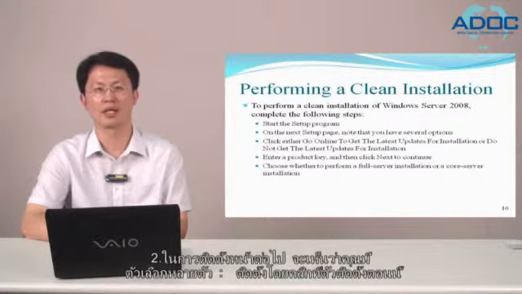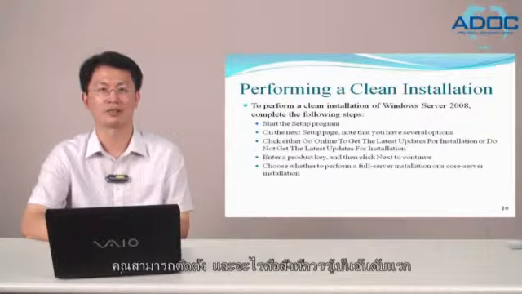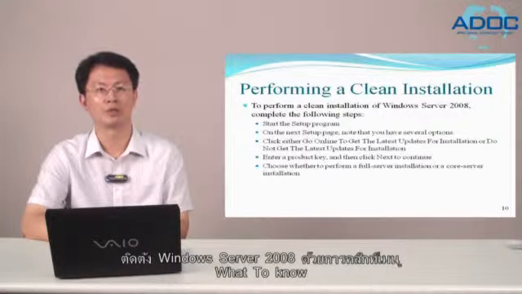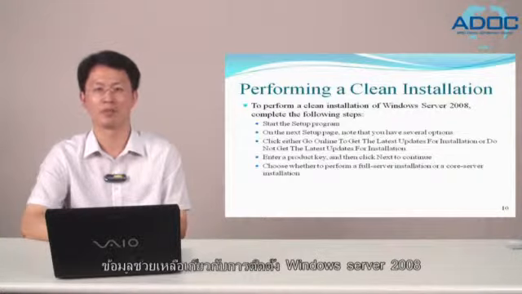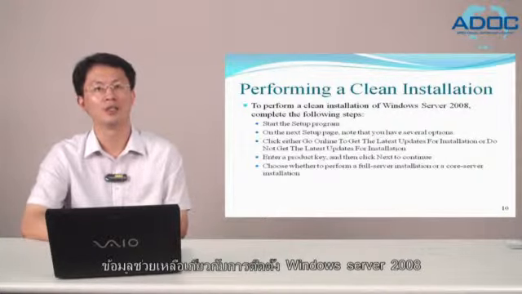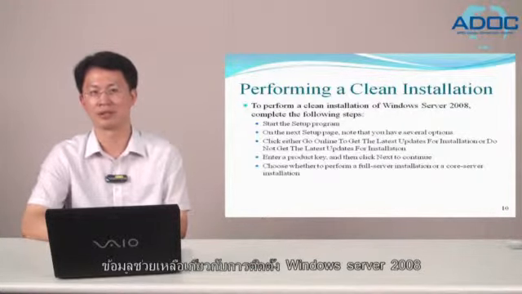On the next setup page, note that you have several options. You can start the installation by clicking Install Now. And you can click What to know before installing Windows Server 2008 to review helpful information about installing Windows Server 2008.